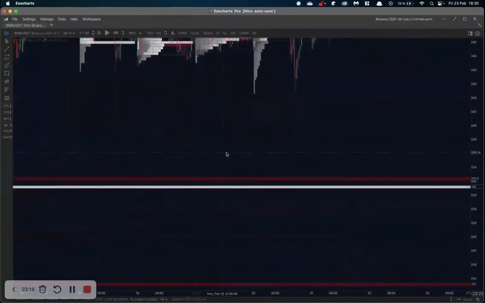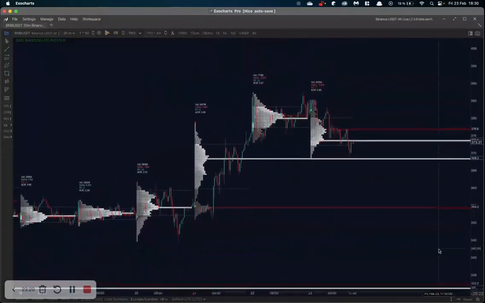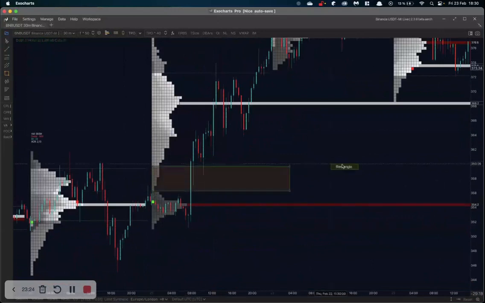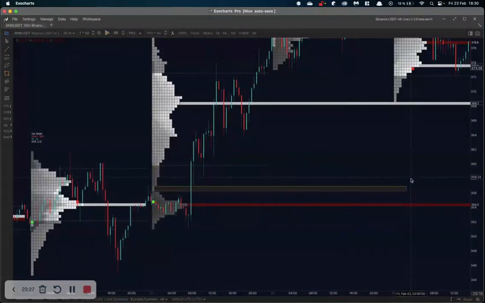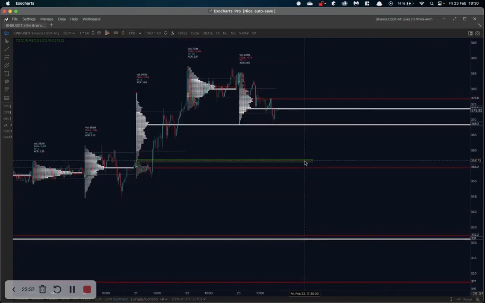This one has been gone through. Here we have a pocket down here. So then our 357 level, 357 to 356. There we go. Here's a low time pocket. We'll look for one more.